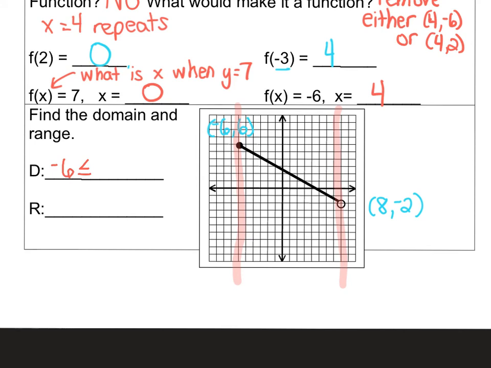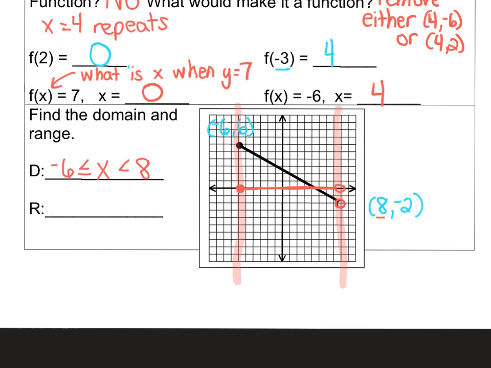It can't get smaller than that. X, which is, and you see an open circle over here, less than 8. So that means if I were to straighten this out on the x-axis, straighten that line segment out, that x could be -6 or anything greater than that, but it has to be less than 8.